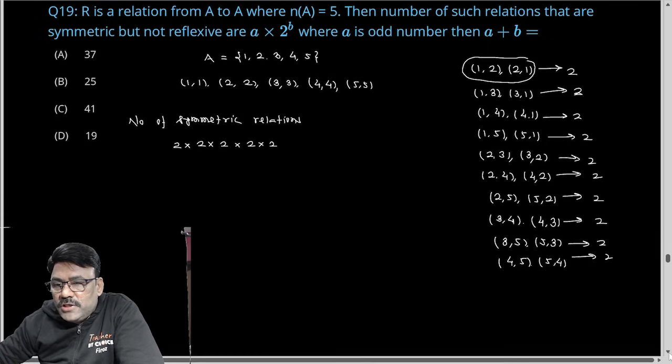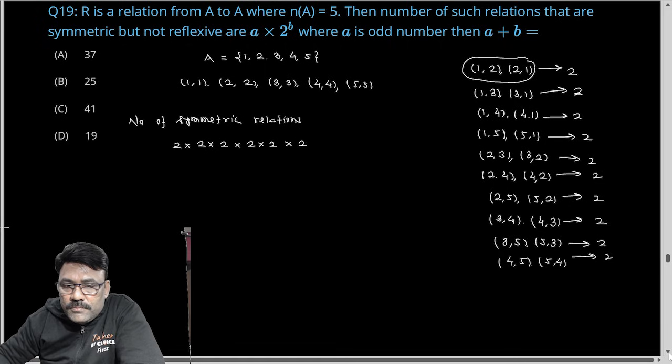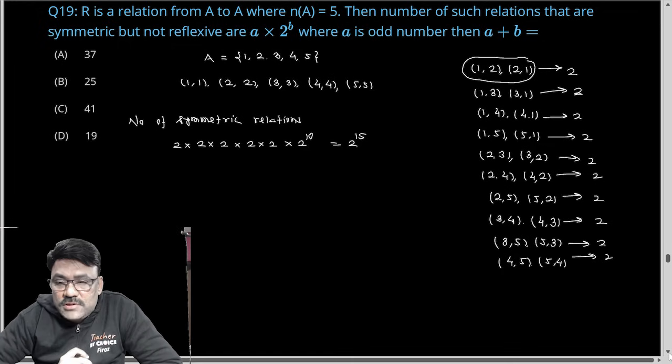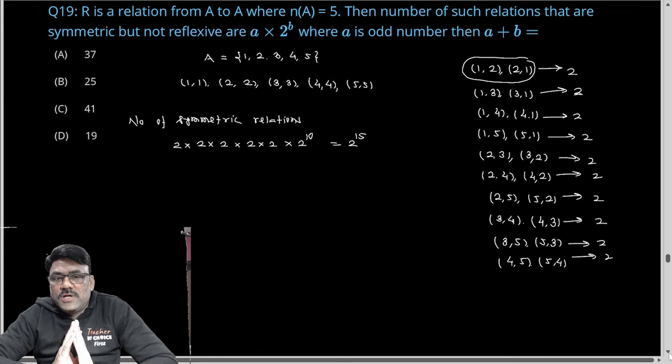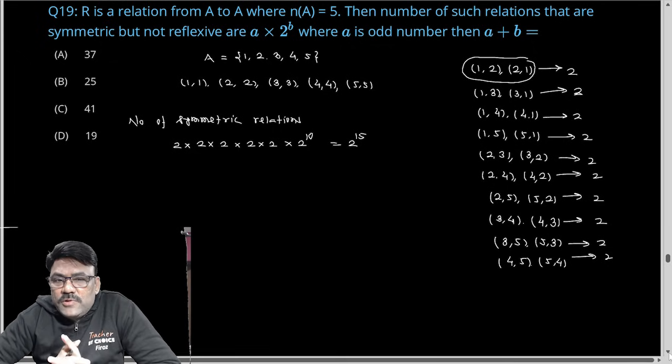So it is 2 raised to 10, and 2 raised to 5 into 2 raised to 10 means 2 raised to 15. The total number of symmetric relations that you can form on A is 2 raised to 15.